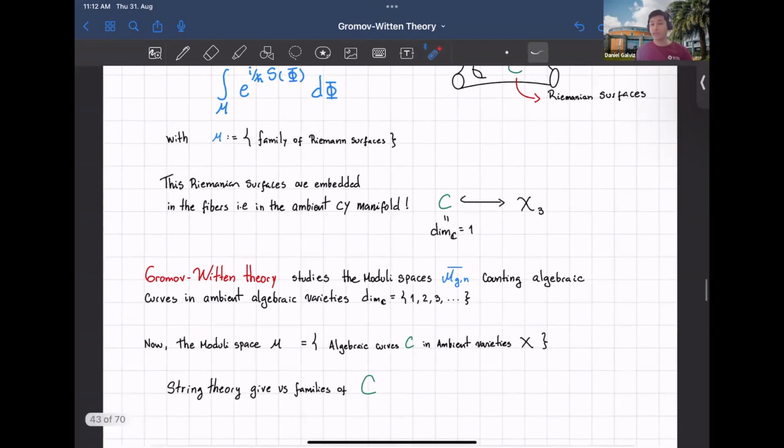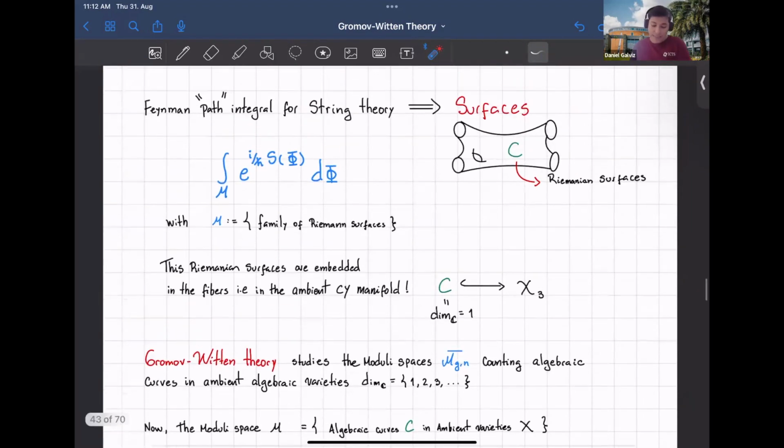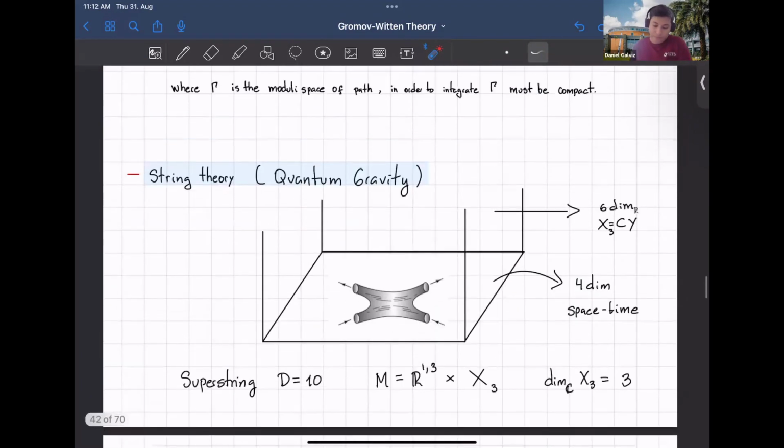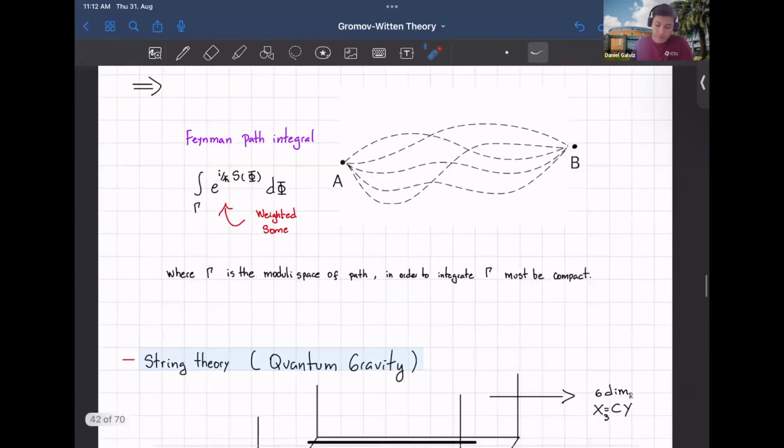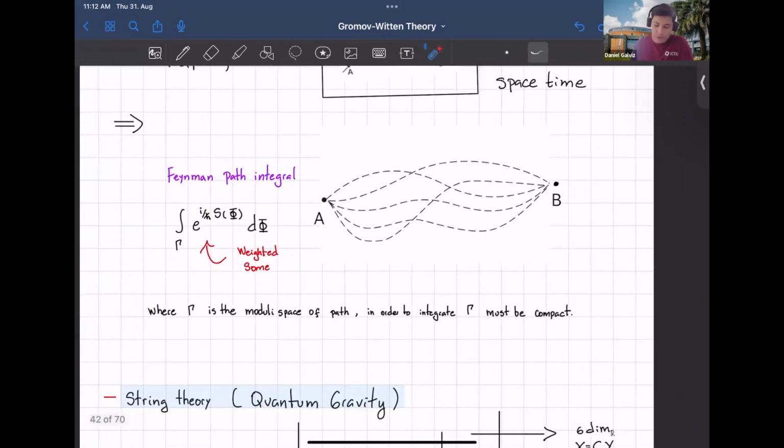So we will use insights from quantum theory, in the case of string theory, of course, to obtain this counting of Riemann surfaces. Similar to the case when we are counting how many possible paths there are from one point to another, now we are going to count how many possible Riemann surfaces the string propagates along.